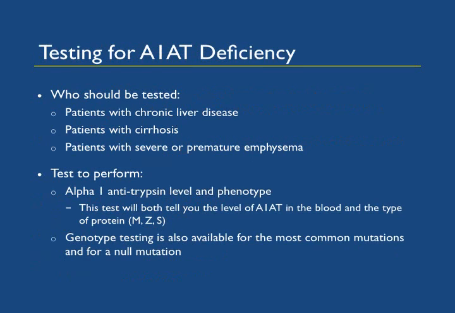So who should be tested for alpha-1 antitrypsin deficiency? Any patient with chronic liver disease, any patient with cirrhosis, or patients with severe or premature emphysema. The test to perform is the alpha-1 antitrypsin level and phenotype, because this will give you both pieces of information. Genotype testing is available for the most common mutations and for a null mutation, but does not necessarily pick up every single case.